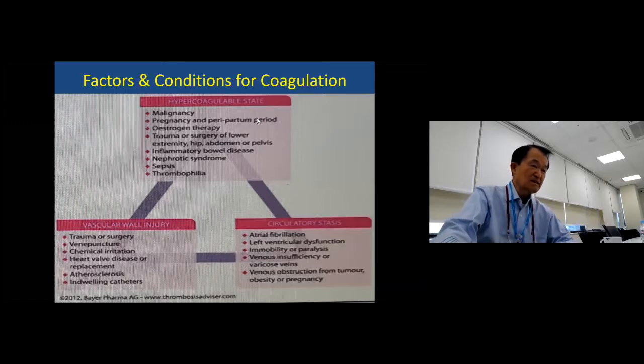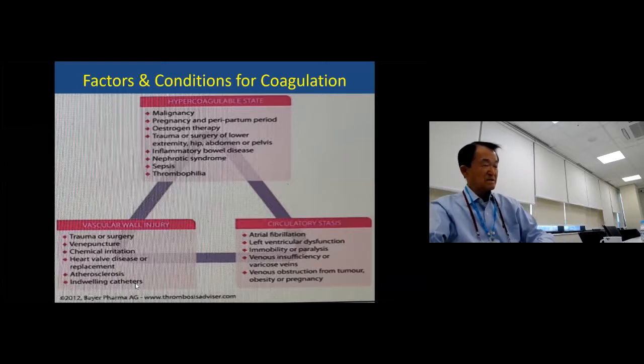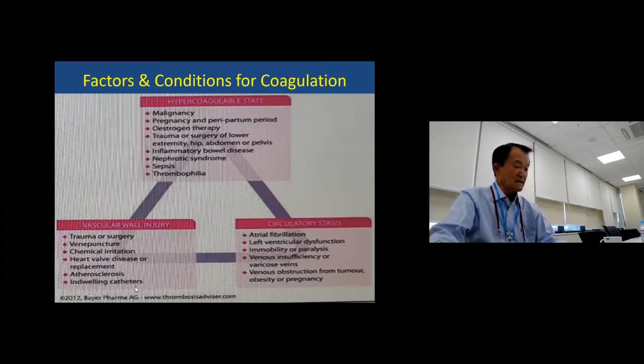Those are hypercoagulation conditions. But as I mentioned earlier, there is trauma to the vascular wall by surgery and trauma, particularly with indwelling catheters. In cancer patients, everybody receives certain venous or arterial catheters, so they are all at risk of thromboembolic disease.